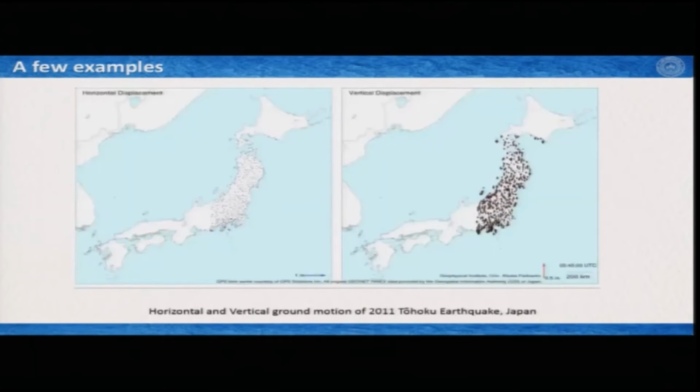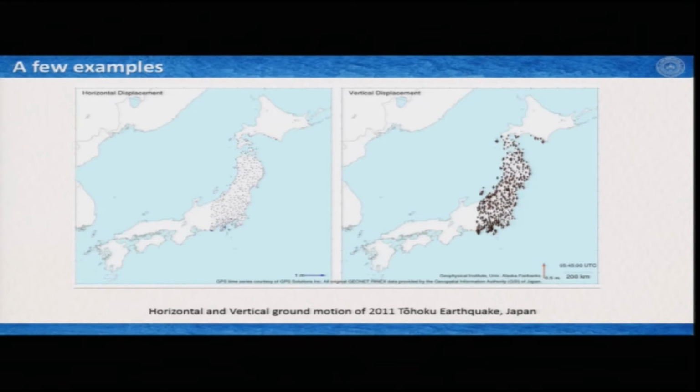Now, this is an example of an earthquake. When an earthquake happens, seismologists generally describe it on the surface with two vectors. One is vertical ground motion, another is horizontal ground motion. So they try to look at how much vibration you have vertically and how much horizontally because of the earthquake. This is an example from the 2011 Tohoku earthquake in Japan.